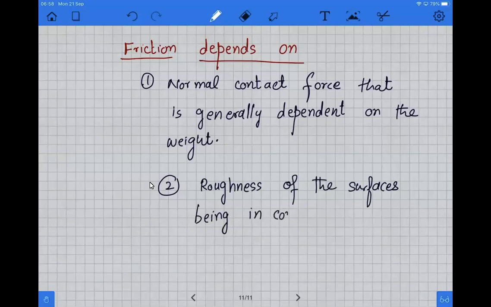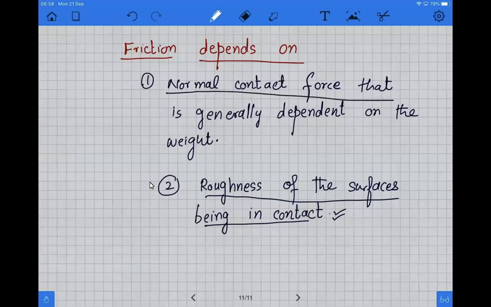Although friction is independent of the area of the surface being in contact, yet it is dependent on the roughness of the surface, that is called coefficient of friction. So coefficient of friction, or the constant that we use in friction questions, represents the roughness of the surfaces, while the normal contact force represents the weight. That's why heavier objects experience more friction and are difficult to move.